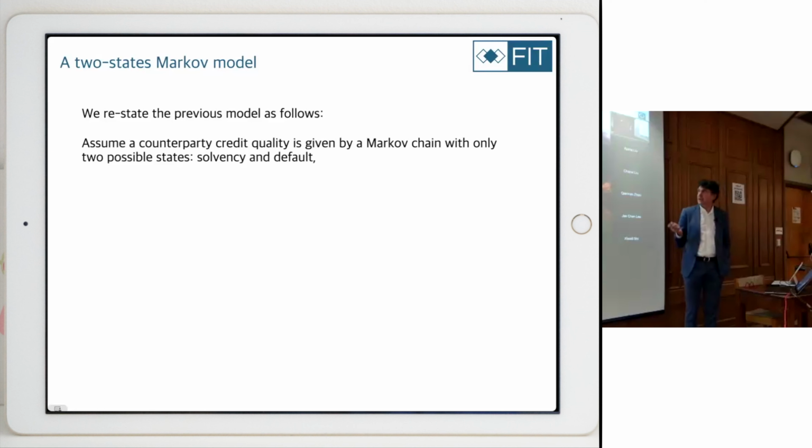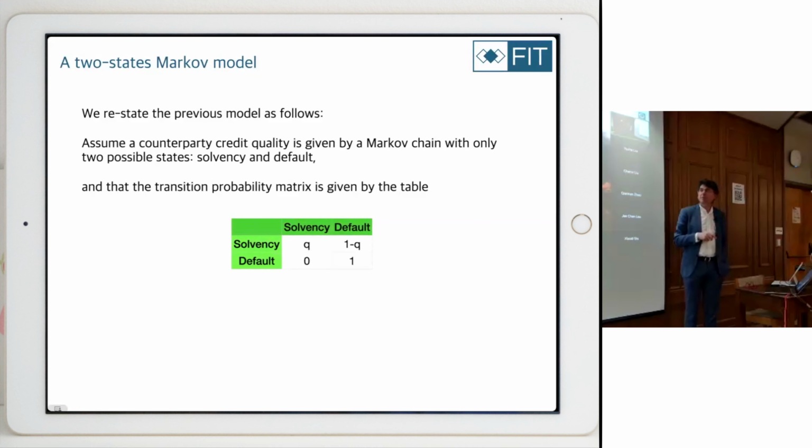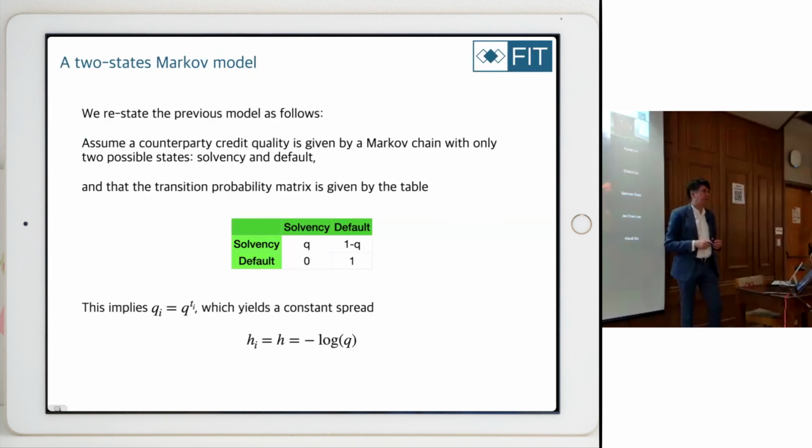It says that if my credit follows a Markov chain with 2 states, and the transition probability matrix is given by this, then my hazard rate is constant. And I know that the probability of solvency at any point in time is that number Q raised to the time at which I'm calculating my solvency.